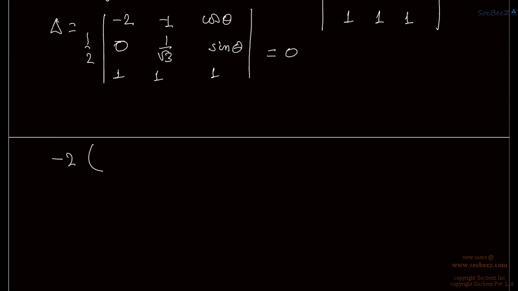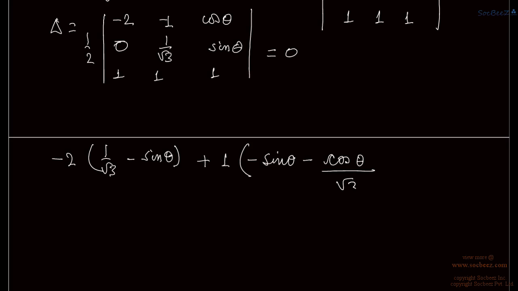we will get minus 2 times (1 upon root 3 minus sin theta) plus 0 times something which is 0, plus 1 times (minus sin theta minus cos theta upon root 3). The value of this determinant is equal to 0.